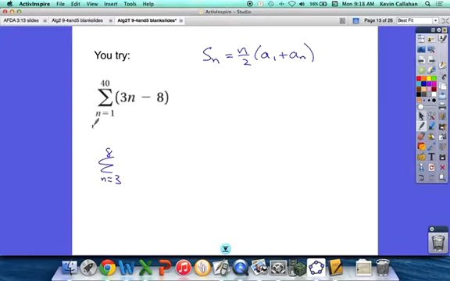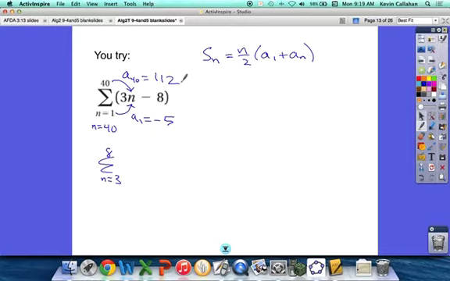This one, the n is 40. The first term, when you plugged in n equals 1, you got negative 5. When you plug in the 40, you got 112.